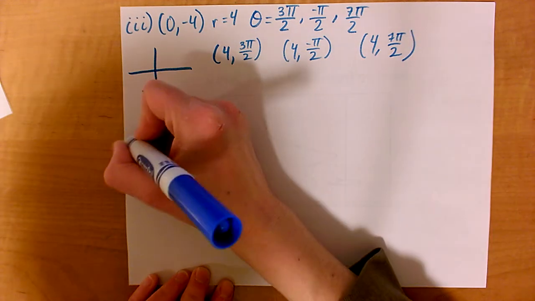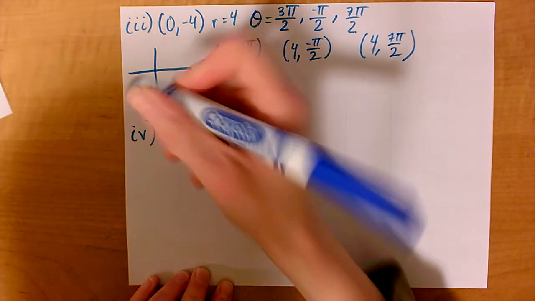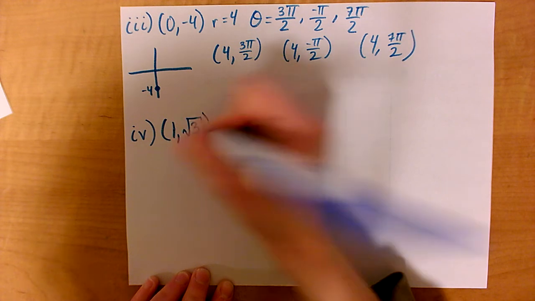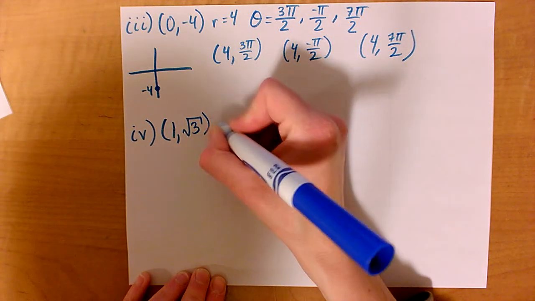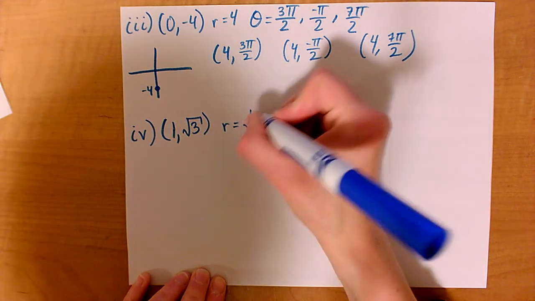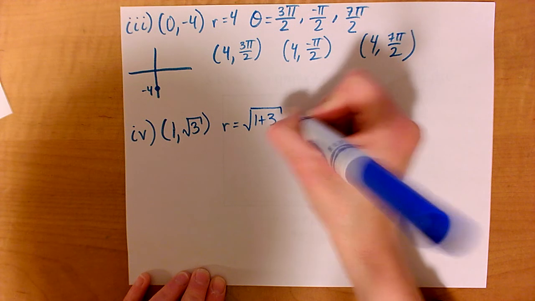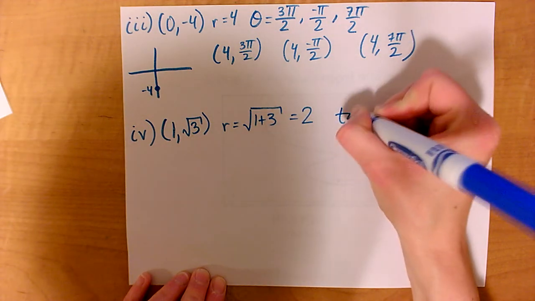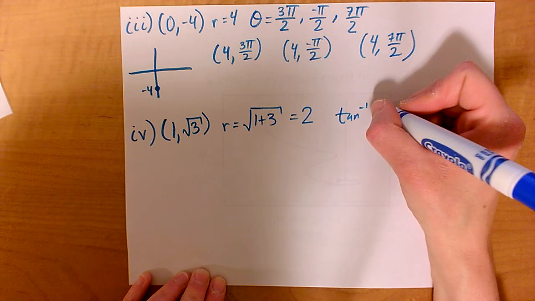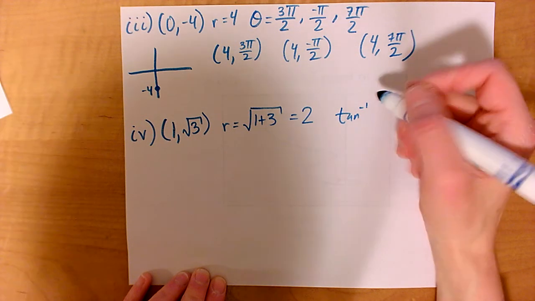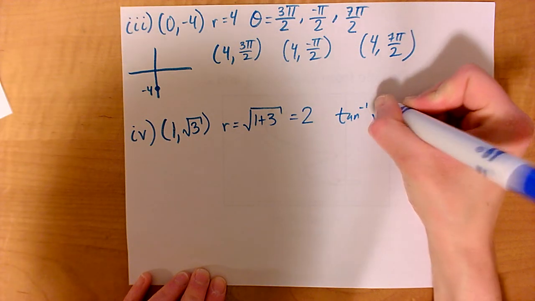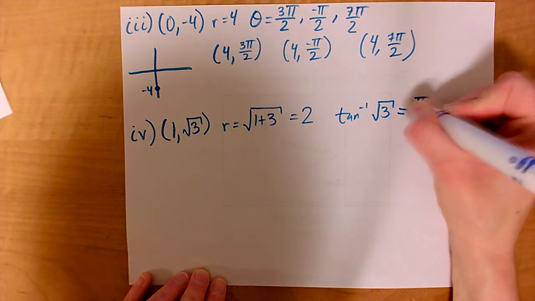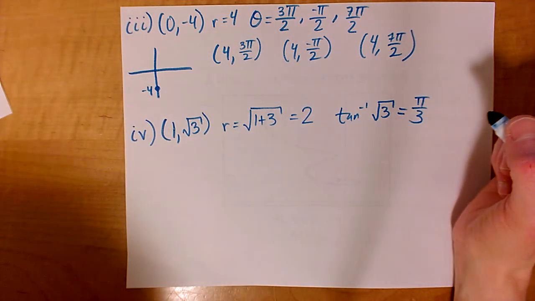Okay, and then for Roman numeral IV, we have the point 1 comma square root of 3. So for this, our radius is just going to be the square root of 1 plus 3, which is going to give us 2. And then the inverse tangent of root 3, y divided by x, is going to give me pi over 3.